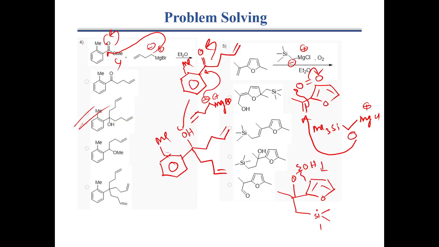Now this peroxide bond can be broken in presence of water, which will give the furyl alcohol. So the right answer will be the third one.